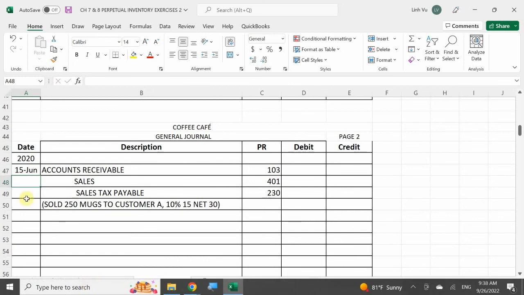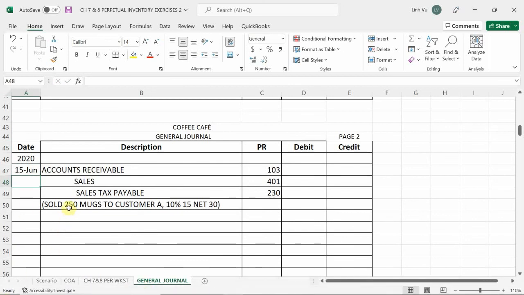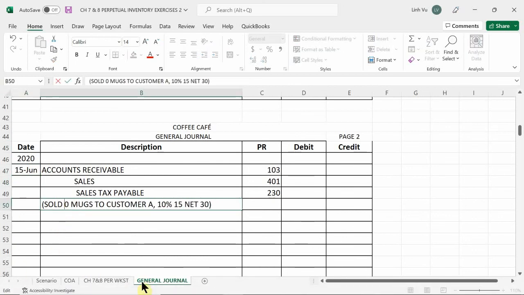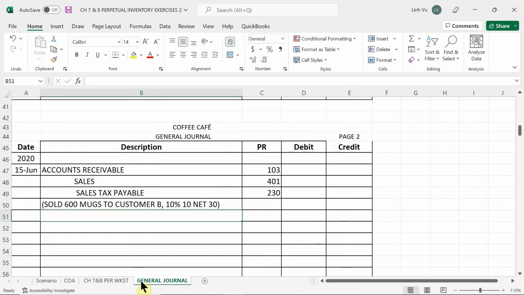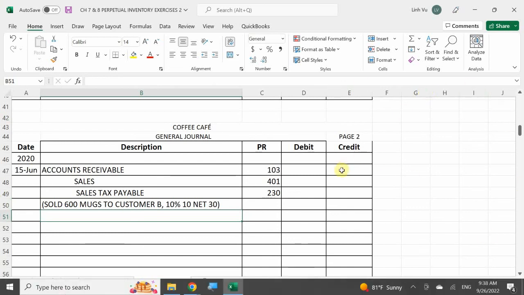This time we sold 600 mugs to customer B, and we only gave customer B 10 days to pay us back. So if we sold 600 mugs at $10 each, what's my total sales?